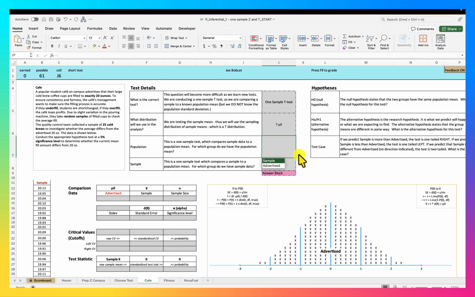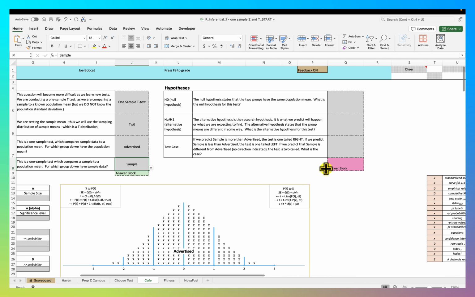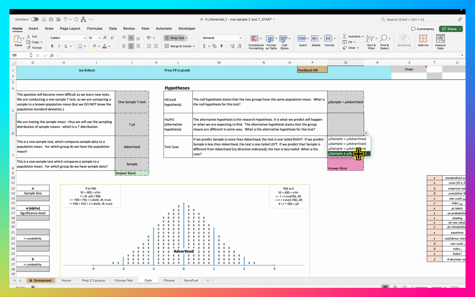All right, so the population mean is what's advertised, and then the sample is the sample. Same population mean is the null hypothesis, and we don't know if we're over or under, so we're just looking to see if it's different, which makes it a two-tailed test. Oops, I'd actually pick two-tailed. There we go.